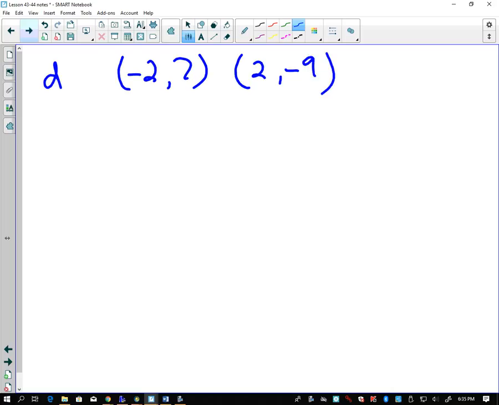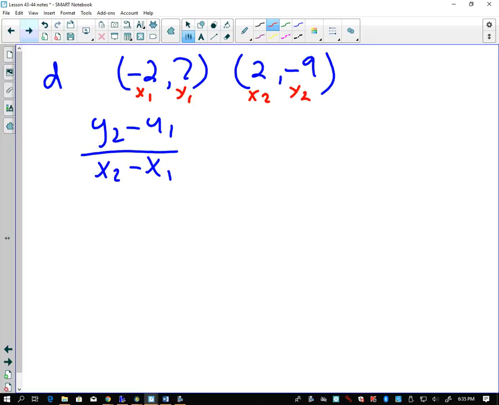Okay, we're going to keep our formula y2 minus y1 over x2 minus x1. Sometimes it does help to label these as you go. x1, y1, x2, y2. Okay, all right, so -9 minus 7 over 2 minus -2.